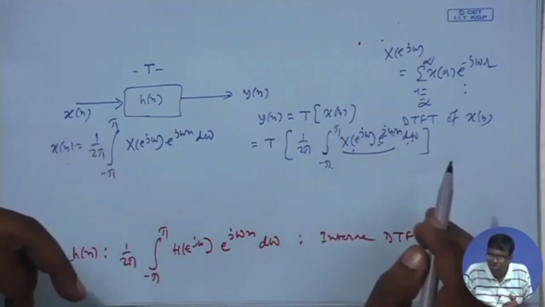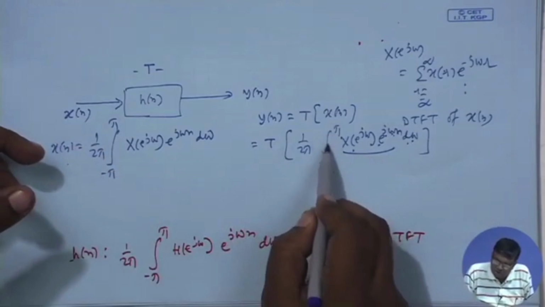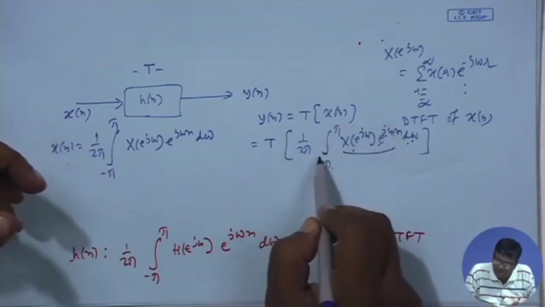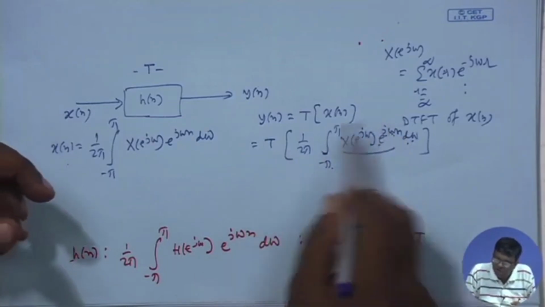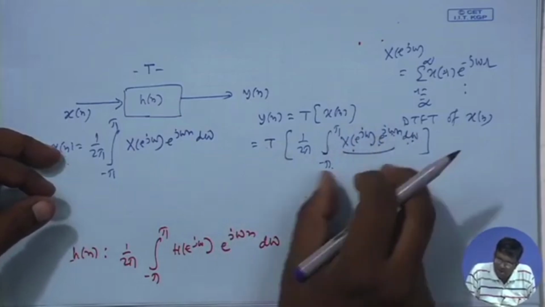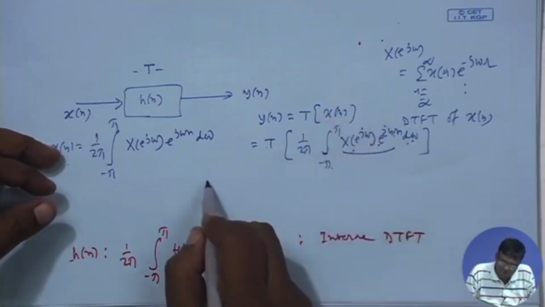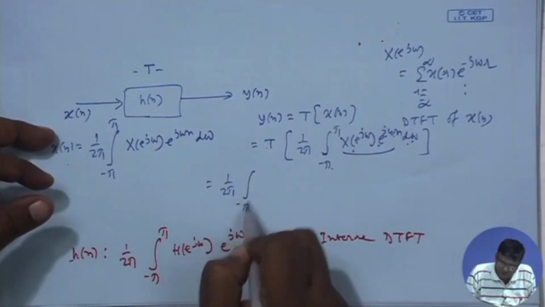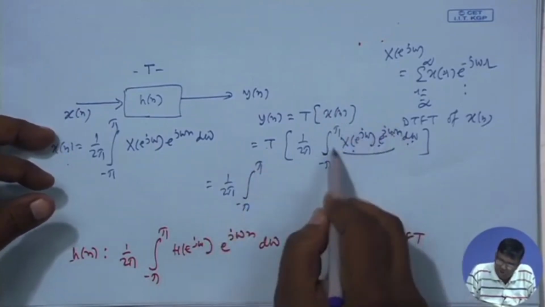But T over the summation of these sequences, the response will be the same as summation of individual responses due to each sequence, which means T can be moved inside, individual response, then summation. This comes from linearity.